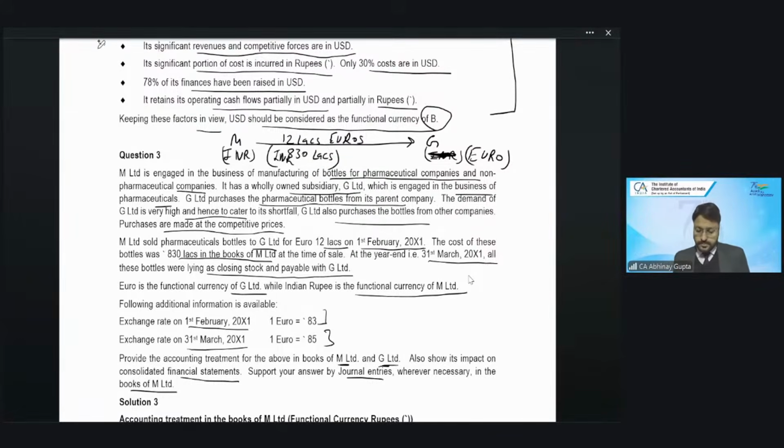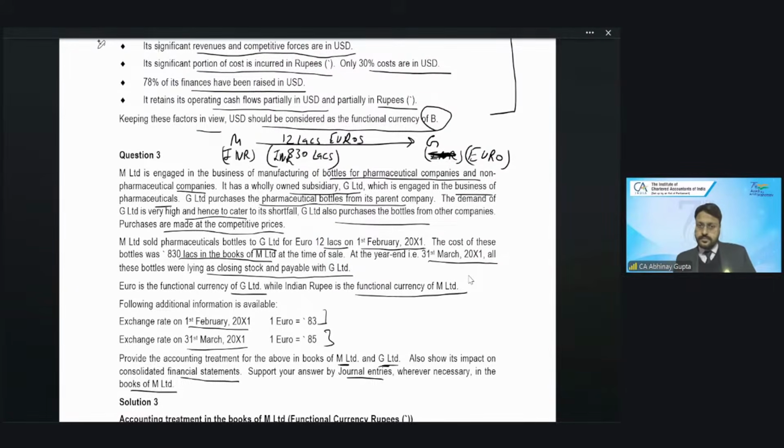But at the end of the year, as per Ind AS 2, the inventory has to be valued at cost or NRV at the reporting date. They need to revalue it. While presenting as per Ind AS 2, the valuation of inventory is at cost or NRV, whichever is less.